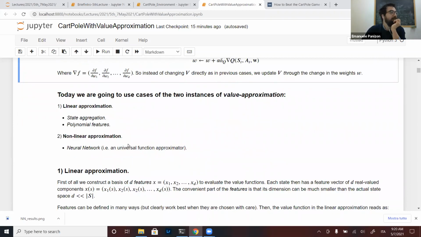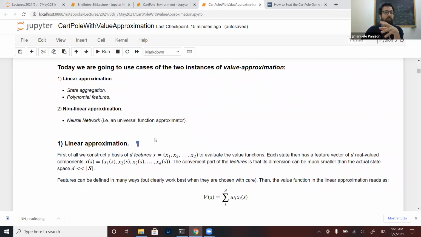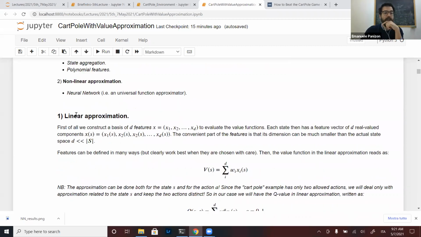Okay, so this is extremely general, which means that we are not dealing with the value directly in a tabular sense anymore. Now we are dealing with some weights, which for now do not mean anything. We will see that in the linear approximation, the weights will have a very simple meaning. So in linear approximation, first of all, instead of using the state S, we will write this state in a basis of features.